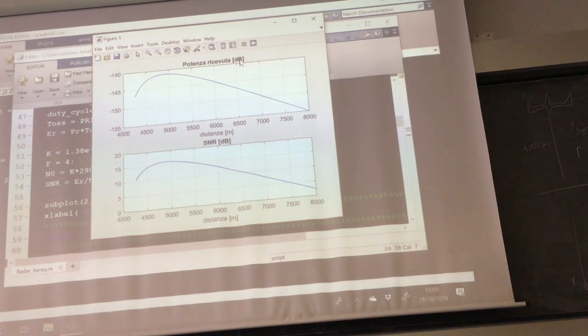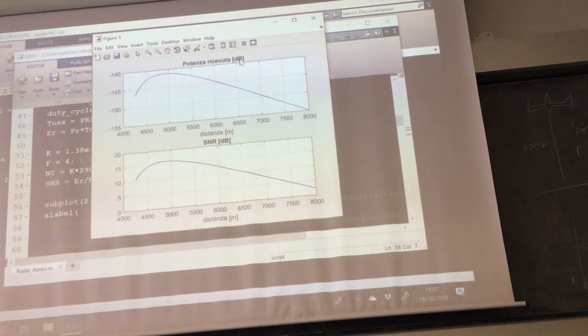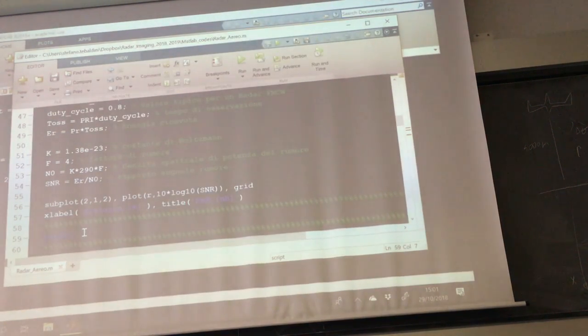Maybe we can do something, but I don't want to discuss this now. Assuming a signal to noise ratio on the order of 5, 10, 15 dB gives you nice performance. So if you want to study a target, having this signal to noise ratio is, at the very first glance, a good figure.